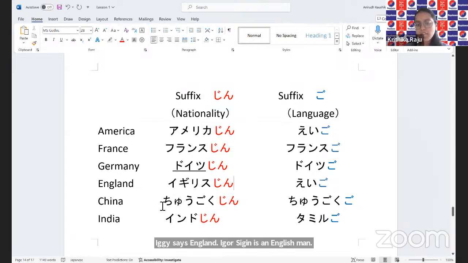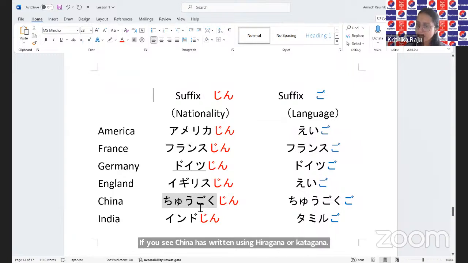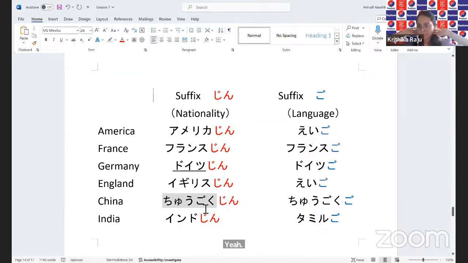China, if you see, China is written using hiragana or katakana? Hiragana. Why is that? Can you read that word for China? Chu. Chu, correct. Chugoku. Very good.